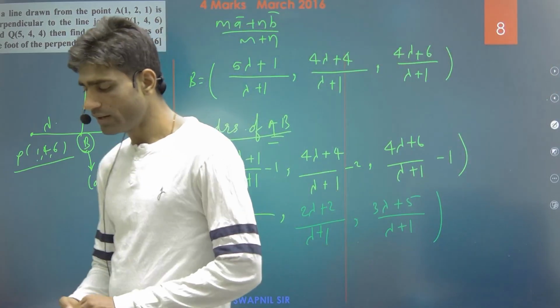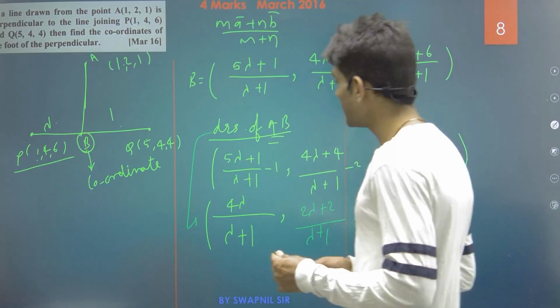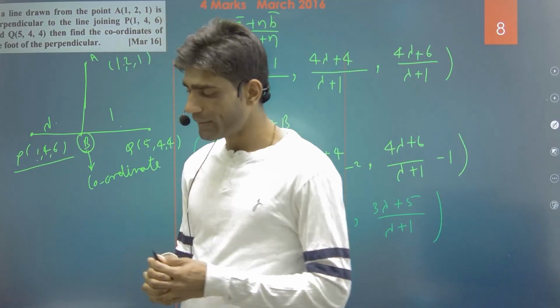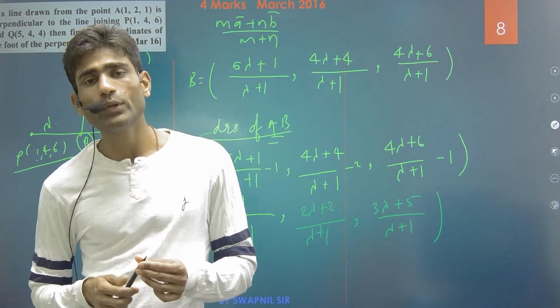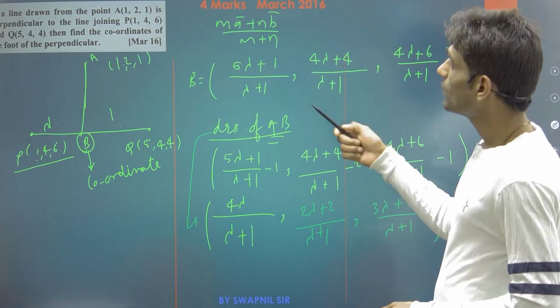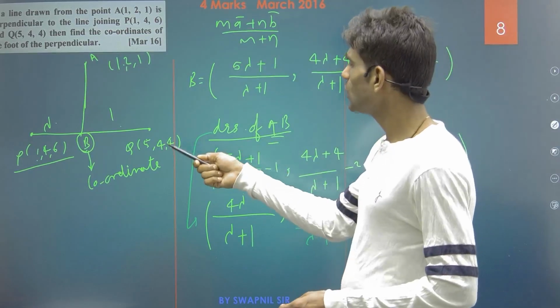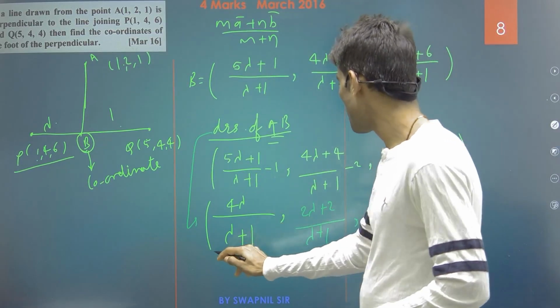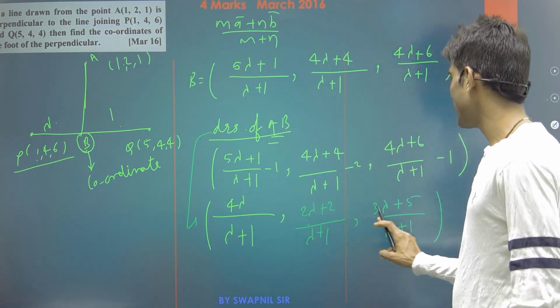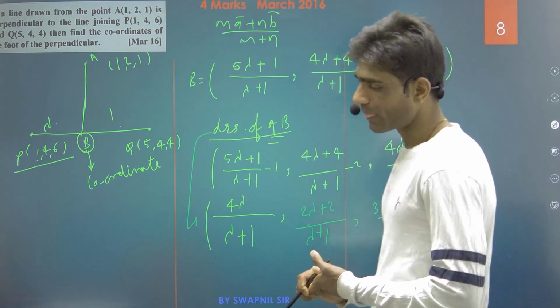Now we go for finding the direction ratios for the perpendicular line. When AB is perpendicular to PQ, we write 4, 0, minus 2 in the form of linear combination of the first, second and third vertices.